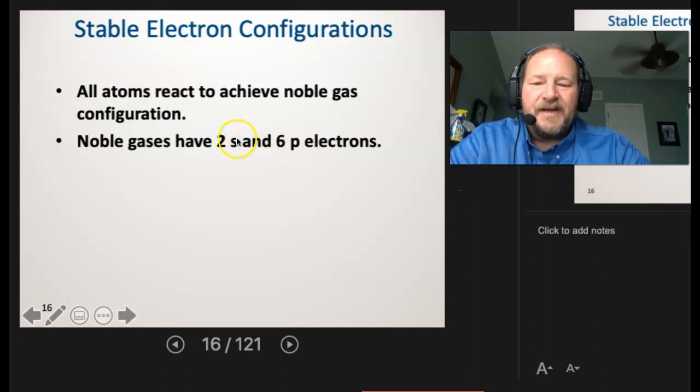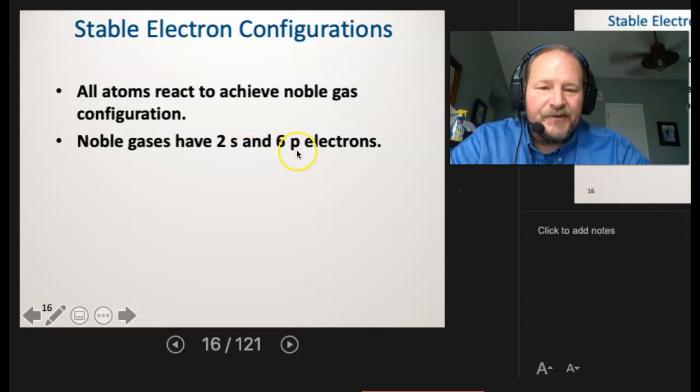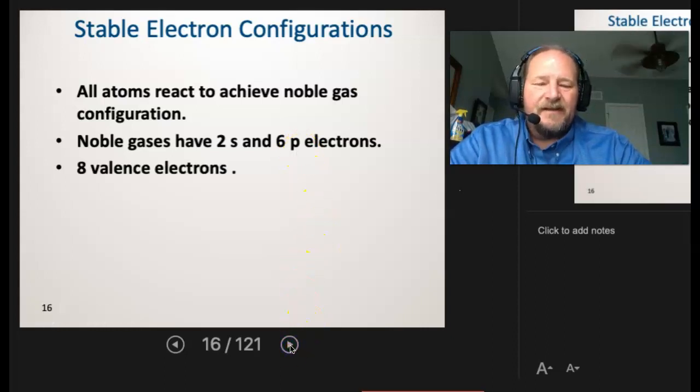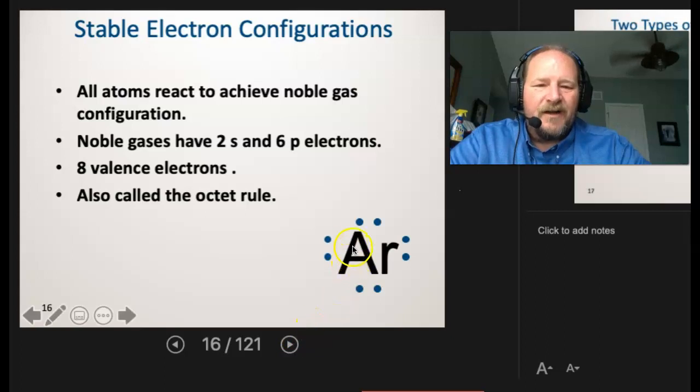What I mean is we need 2 of these and 6 of those on any energy level, because that will give us 8 valence electrons. Once we have 8 valence electrons, we are following what we call the octet rule. Therefore our electron configuration will look very much like a noble gas, where we have 8 outside electrons. Hopefully that's making sense so far.